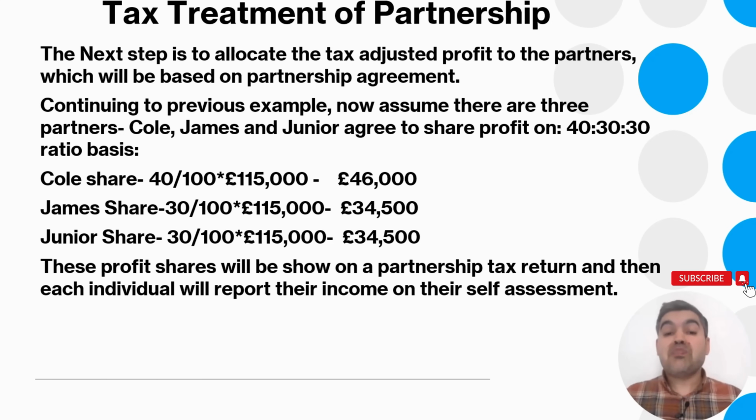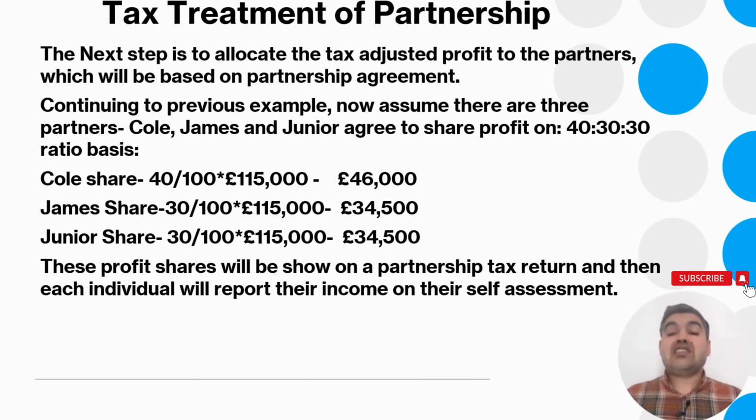Now continuing the previous example, assume there are three partners, Cole, James, and Junior, who agreed to share profit 40, 30, and 30. So the total is 100. Cole's share will be 40 divided by 100 multiplied by 115,000. Remember, that is the tax adjusted profit. HMRC would receive the figure of the tax adjusted profit, and on the partnership return we will show how much each partner receives.